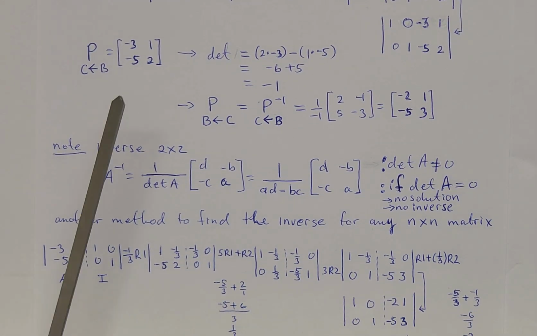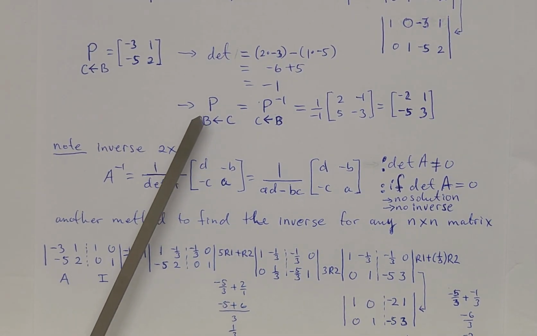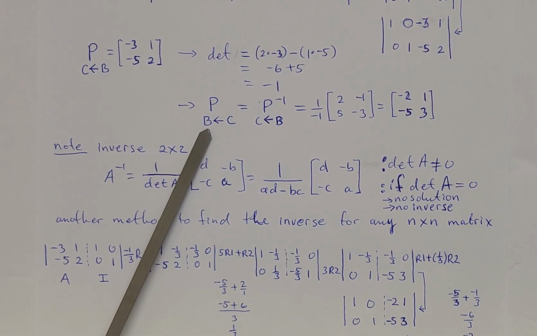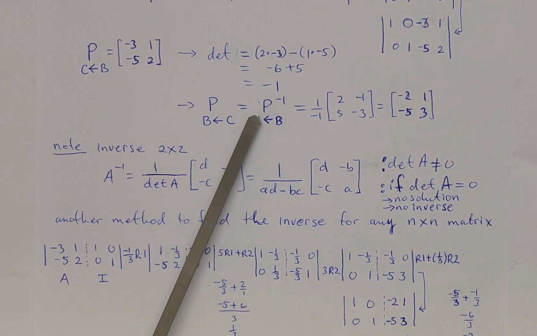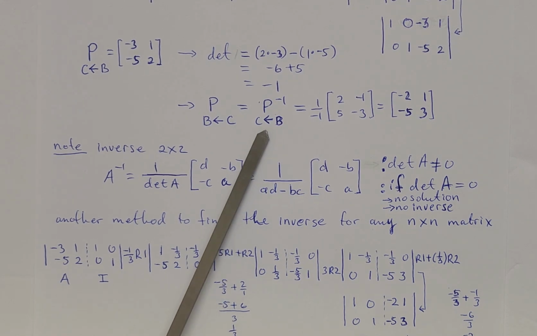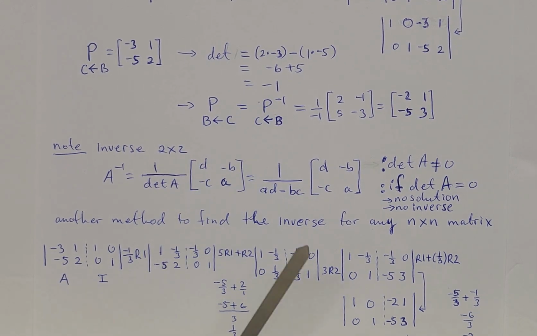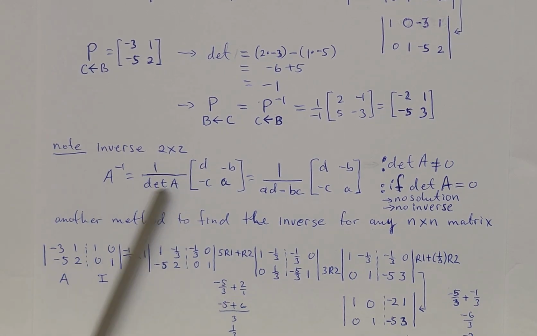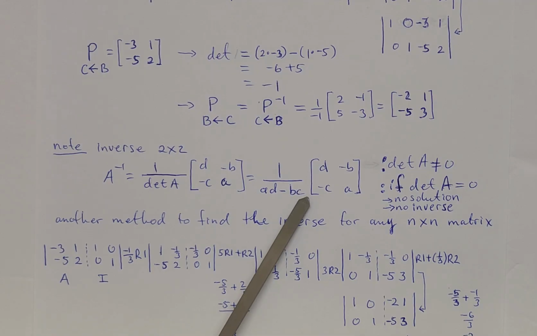Now we want the answer for C to B, which is technically the inverse of B to C. If you remember the formula for the inverse of a 2 by 2, I wrote it here. Again, this formula is only for 2 by 2.